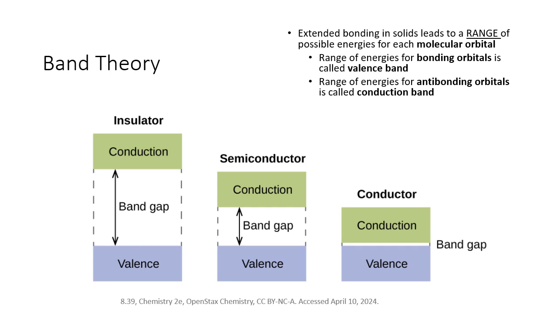The range of energies for bonding orbitals is called the valence band. The range of values for anti-bonding orbitals is called the conduction band. The distance between the valence band and conduction band determines if a material is an insulator, a semiconductor, or a conductor of electricity.